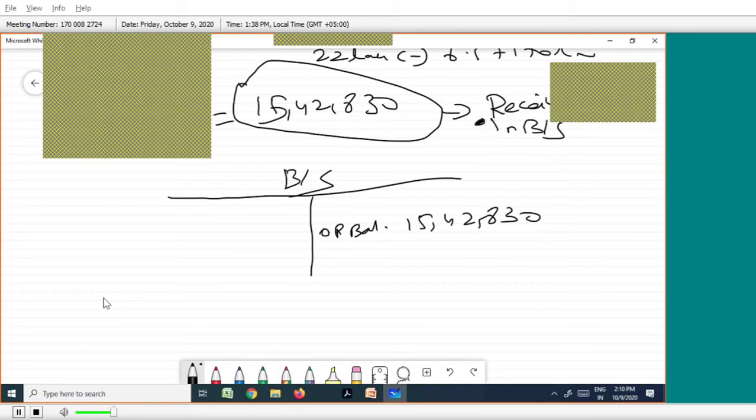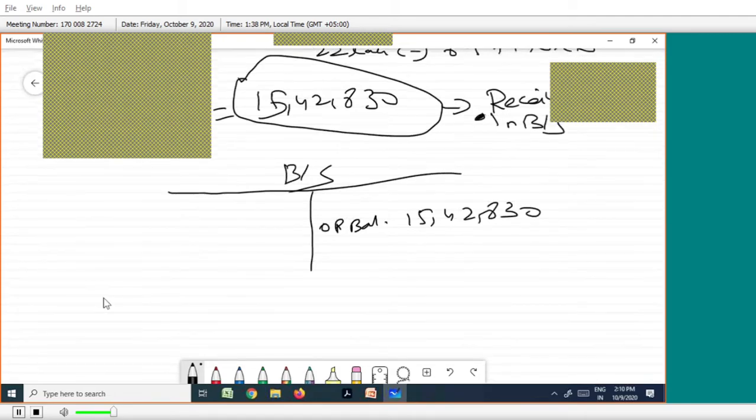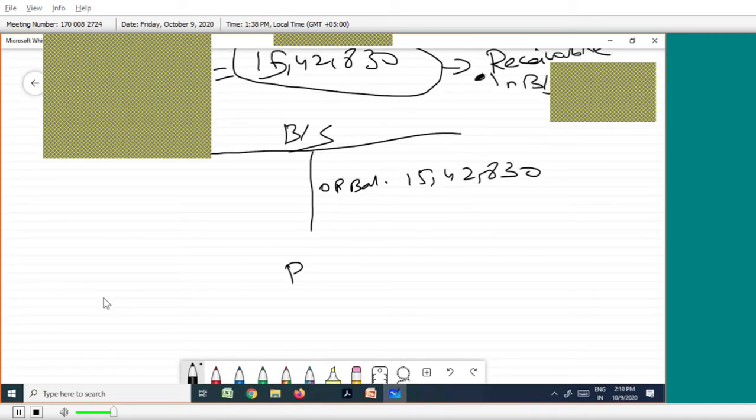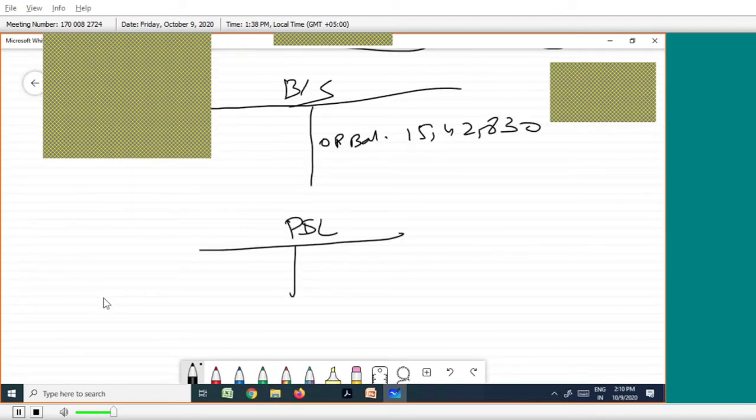How to account that 5 lakh? In P&L I have to account that 5 lakh as an income. Not the full 5 lakh as income. Out of 5 lakh, whatever the interest portion should be accounted as income, and the balance should be reduced from my receivables account. That is what I am going to work out now.